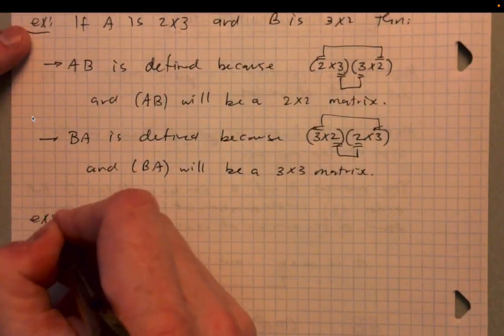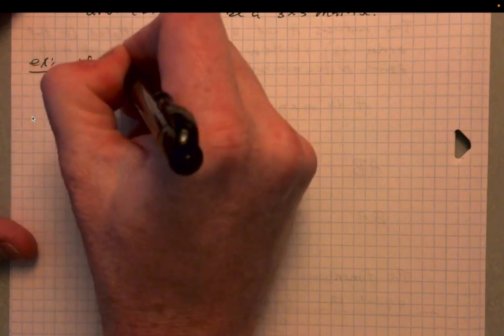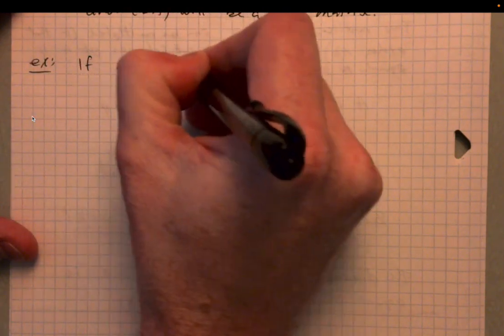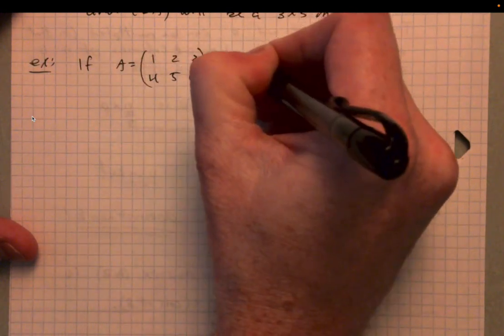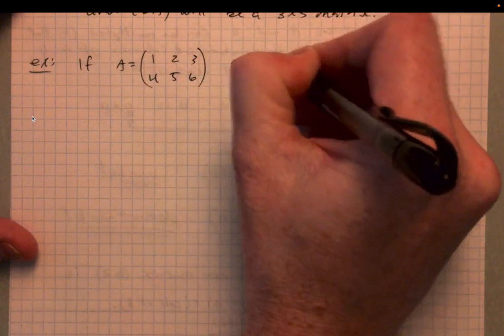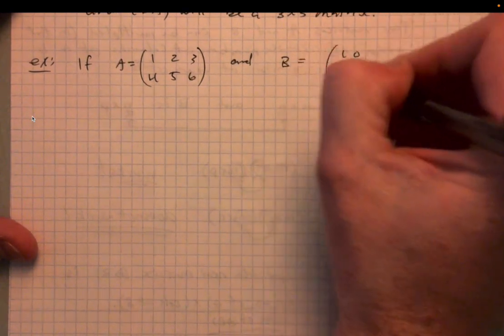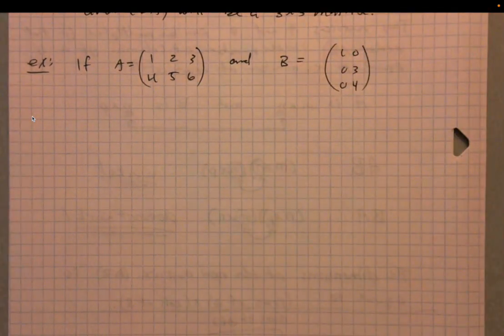What about if A is equal to 1, 2, 3, 4, 5, 6, like this, and B is equal to 1, 0, 0, 3, 0, 4, like that? Can we multiply these together? Can we find the product AB?